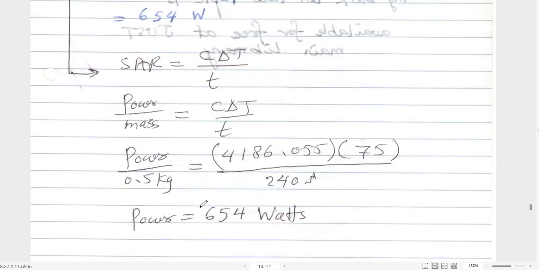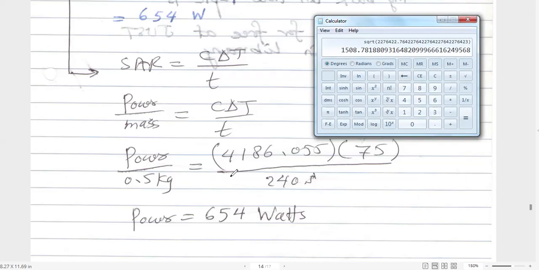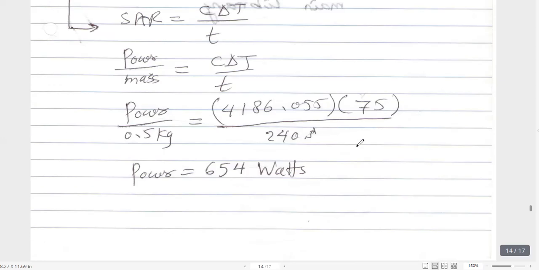From this we can find the power: 0.5 times 4186 times 75 divided by 240, and we obtain 654 watts for the microwave oven. This is the power rating for the microwave.